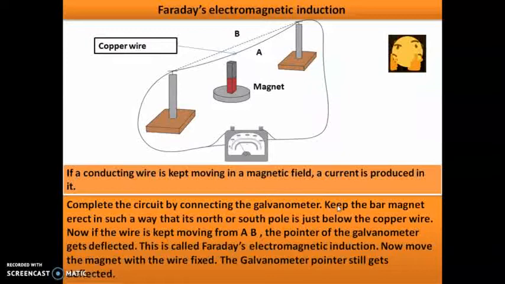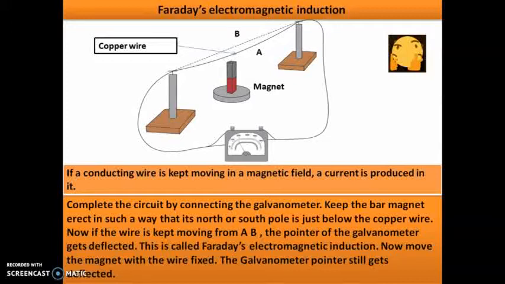Next, Faraday thought: in the previous experiment a magnet was moving. What if we move the copper wire? If a conducting wire is kept moving in the magnetic field, will current be produced or not?